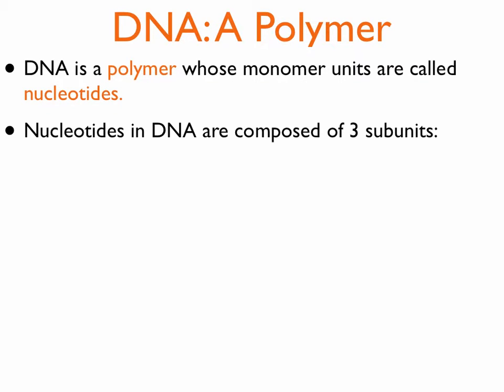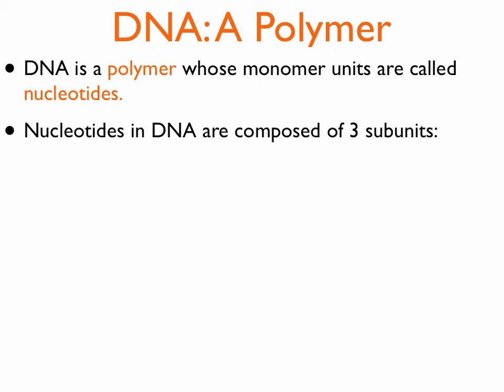Now, nucleotides in DNA are slightly more complex than what you've been used to because they themselves are made of 3 subunits. So where glucose is just a single unit that joins together to make your cellulose polymer, nucleotides have 3 important parts of their structure when we talk about them as monomers.